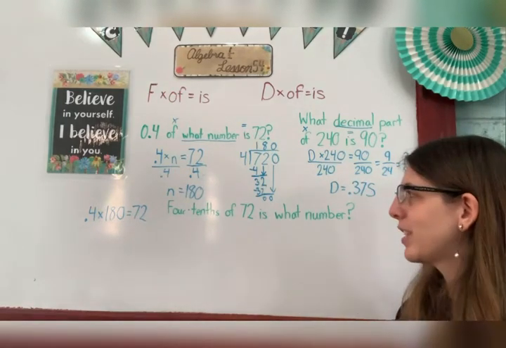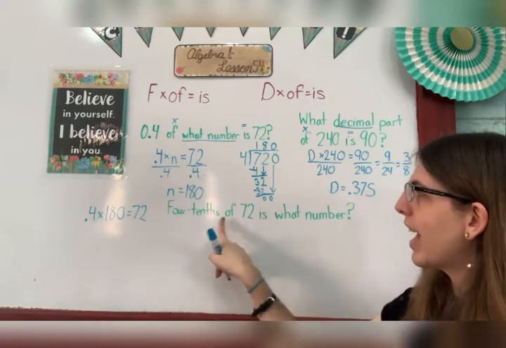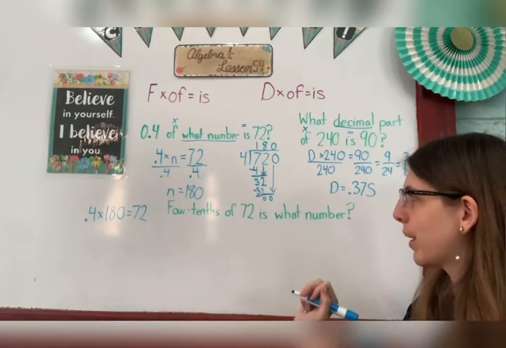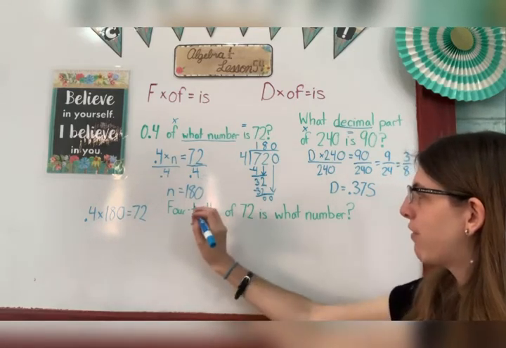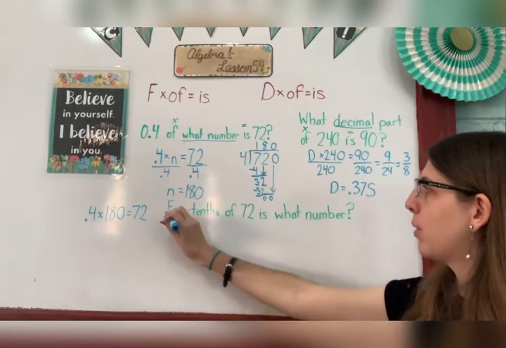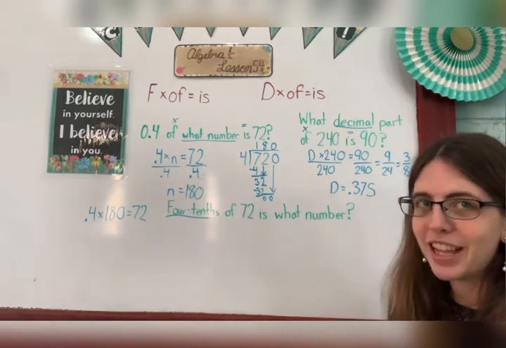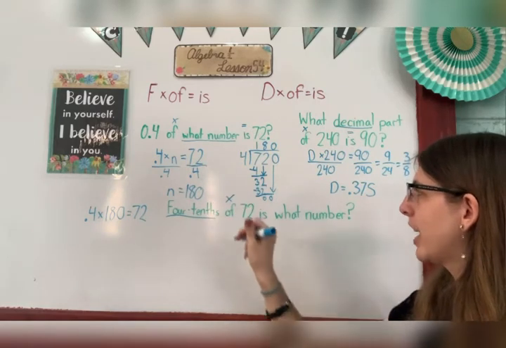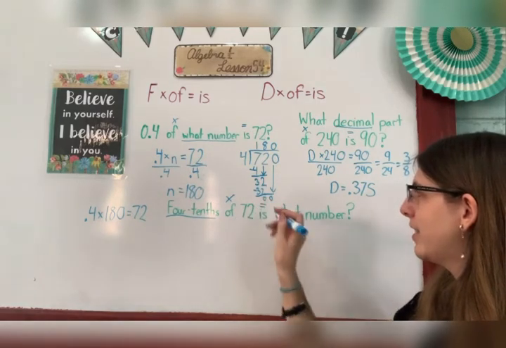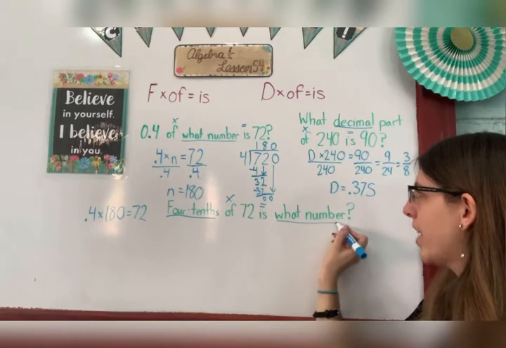Okay, let's try the last one before your practice. 4/10 of 72 is what number? Okay, so I have 4/10, that's what I'm going to write as my decimal. Don't write that as a fraction, write it as a decimal. Of times 72 is equals what number?